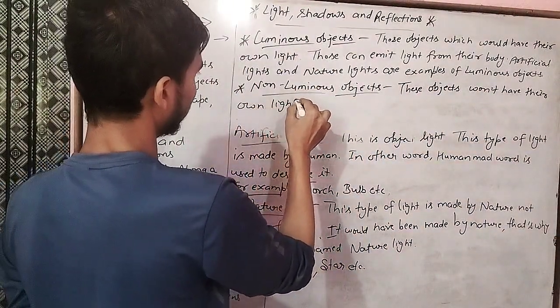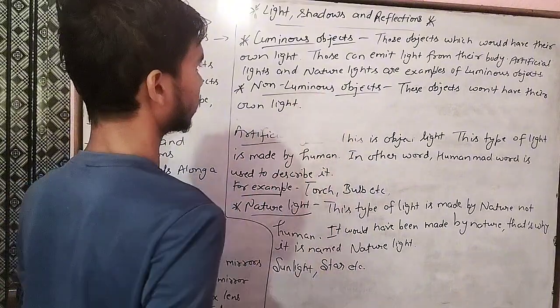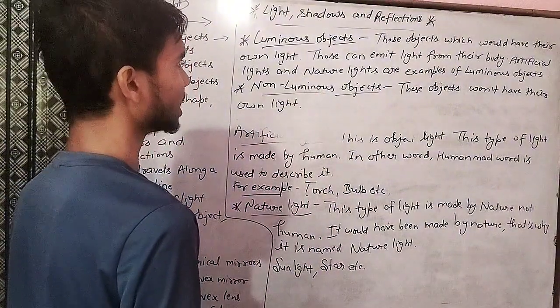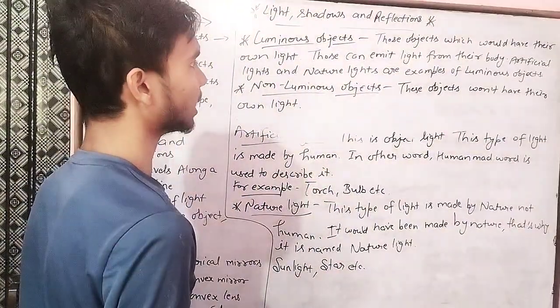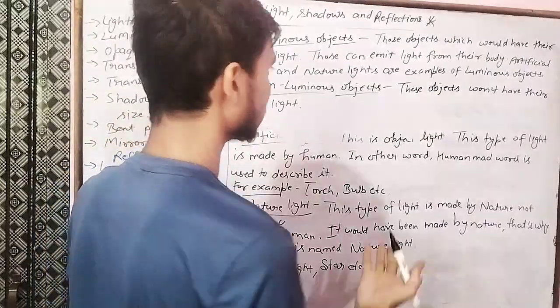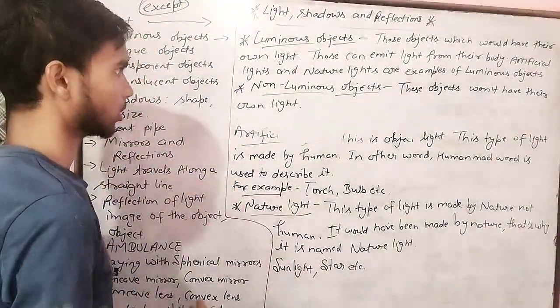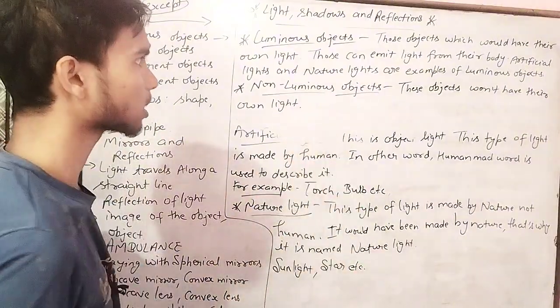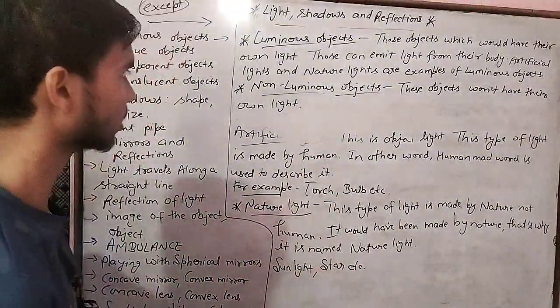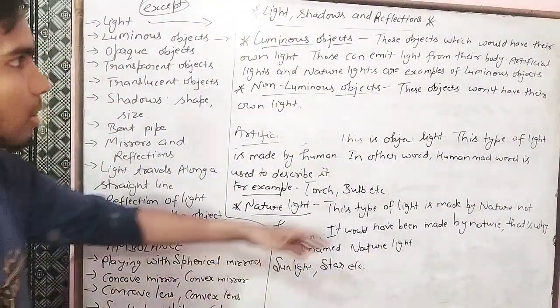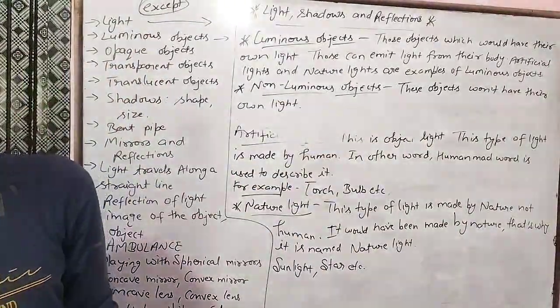They can't emit light, because this type of object can't emit light. Yeah, that's why we are saying these objects don't have their own light.